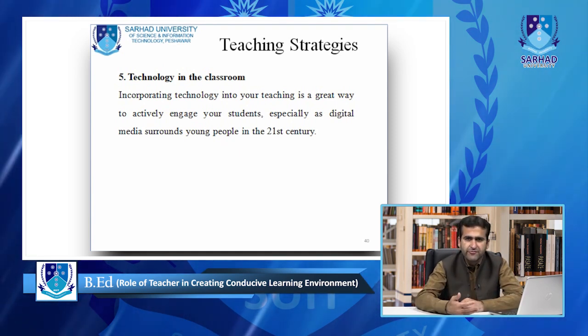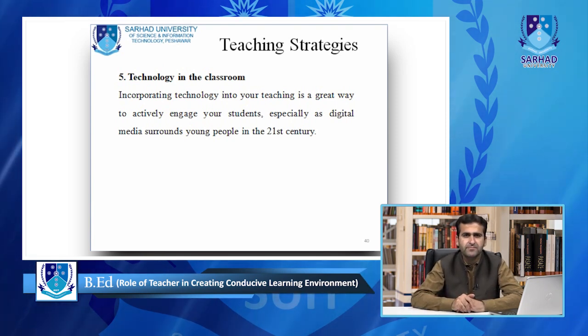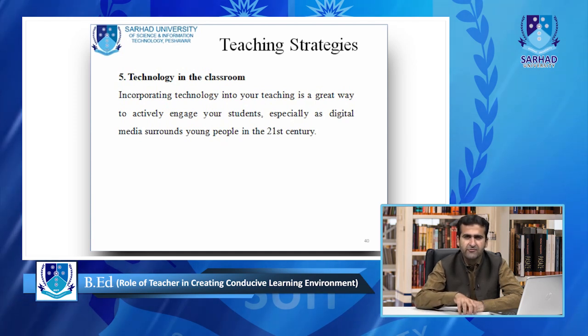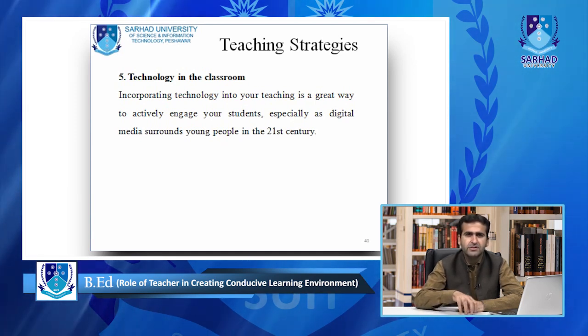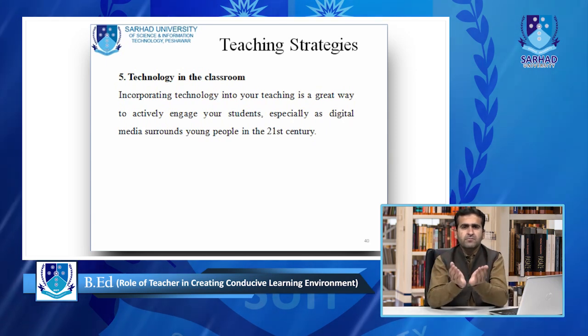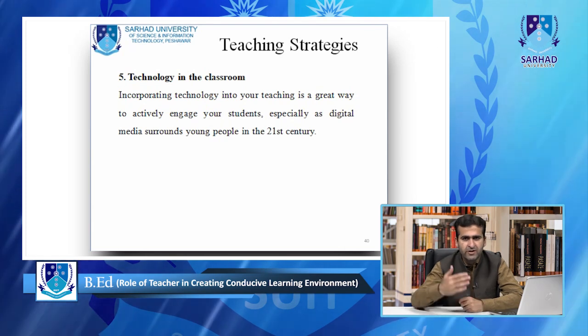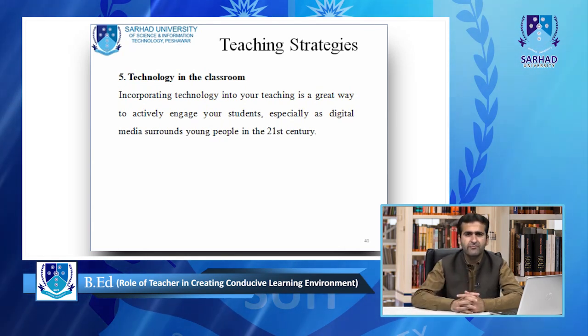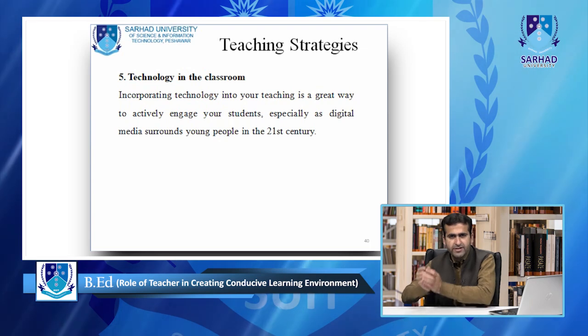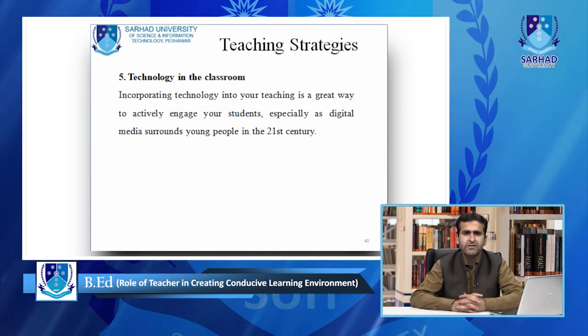The use of technology in the classroom is a modern method of teaching. In this modern method, the student takes more and more interest. Why? Because you are providing real life scenarios. You are providing information related to our real life, relating your topic and your questions to real life scenarios. Of course, the student will gain benefits from it.